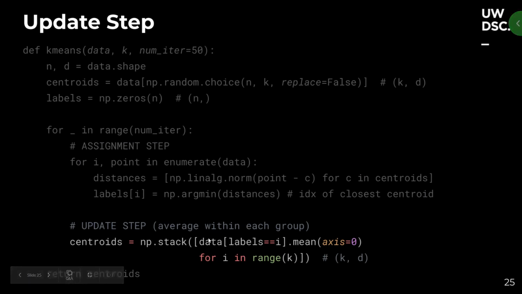So for centroid 0, the first iteration would take all the data points that belong to centroid 0. Then we take an average of those data points. Once we have all the points that belong to centroid 0, we take a mean, and we are left with just one vector of dimension d, which is the average of all these points. And obviously, we're going to do this for each of the k different centroids and labels.